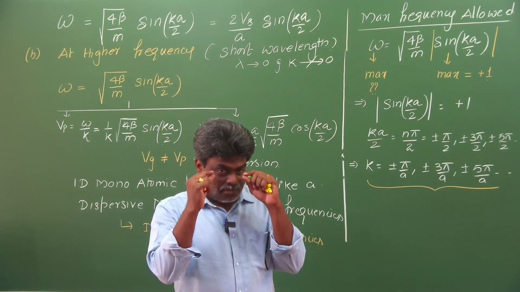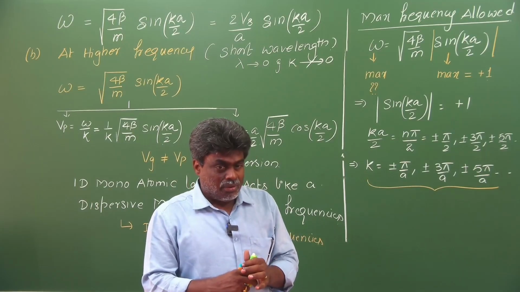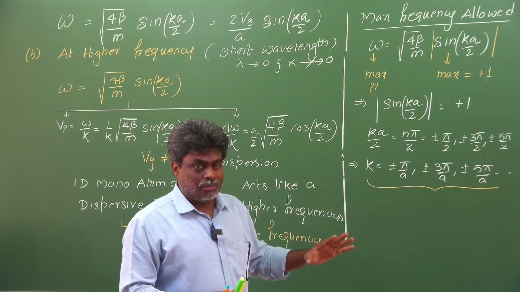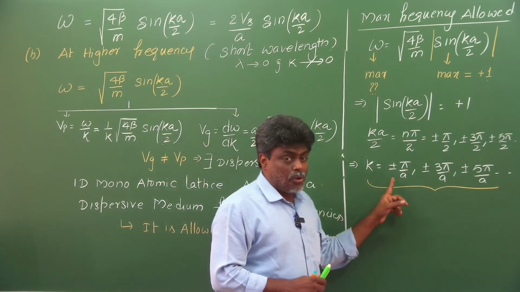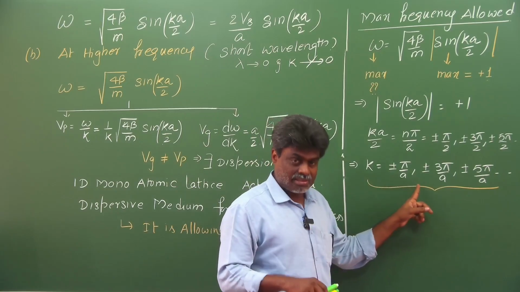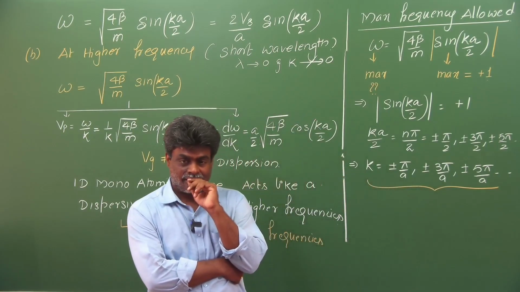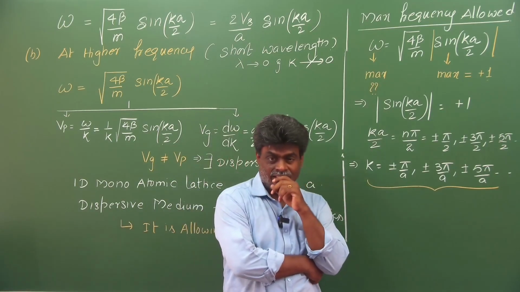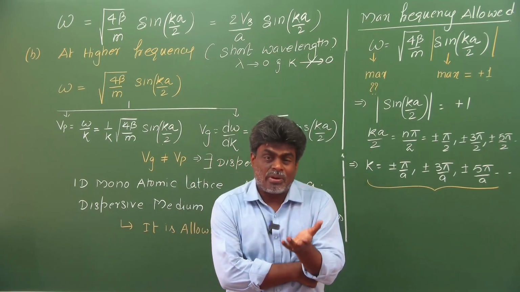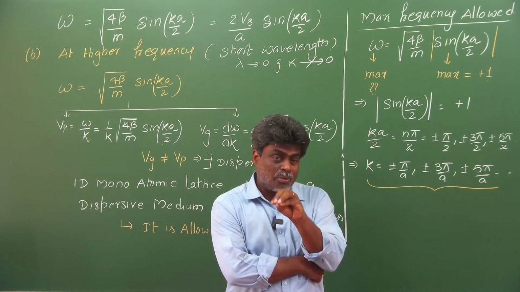And that maximum value exists at which points? What are these? Zone boundaries, Brillouin zone boundaries.